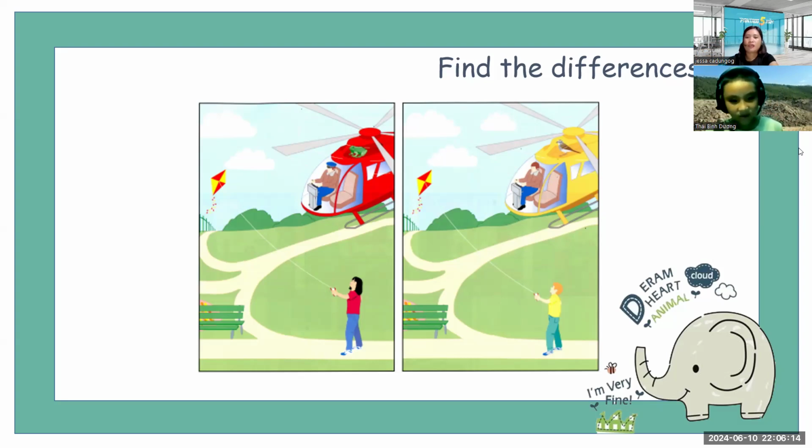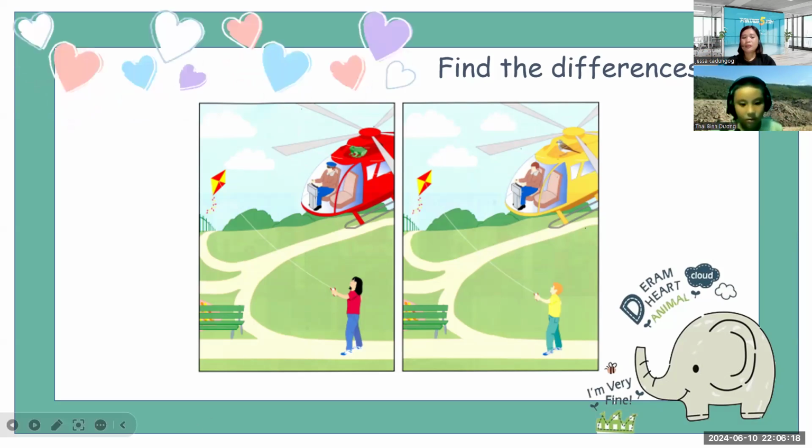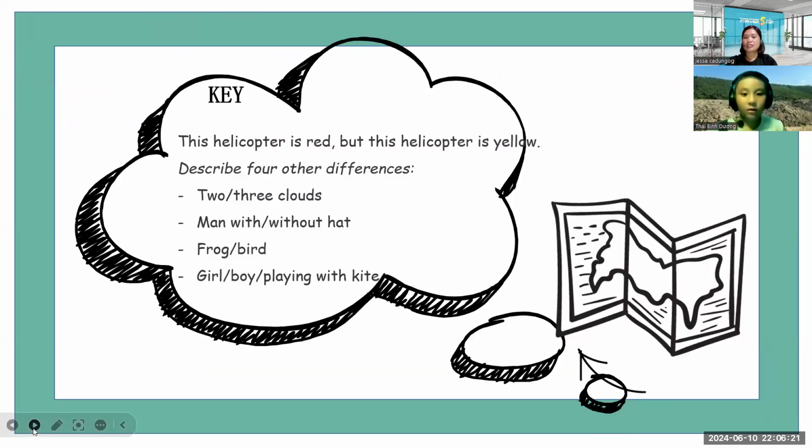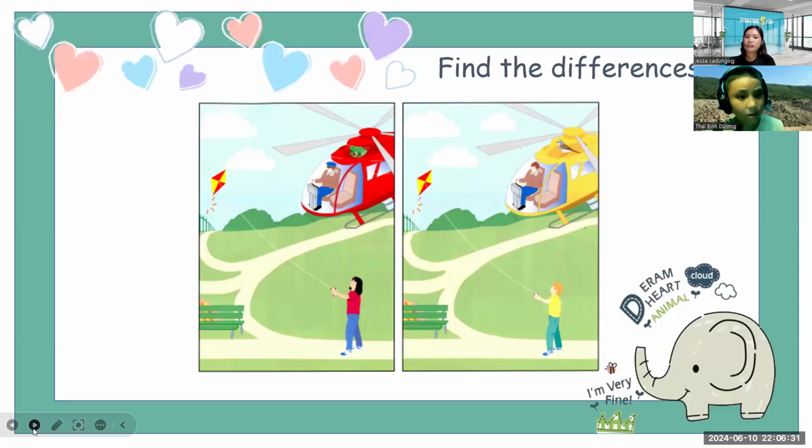Okay, very good. So there are 5 differences. Here are examples of the differences we can see. First is the color of the helicopter. The first one is red, but the second one is yellow. And then the clouds. Look at the clouds, Tony. What does it differ?